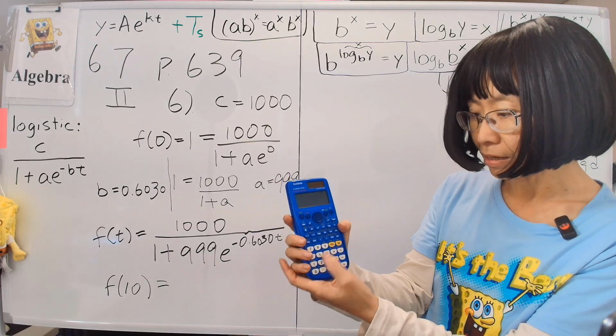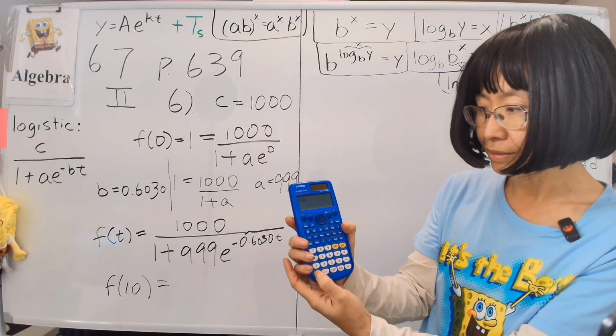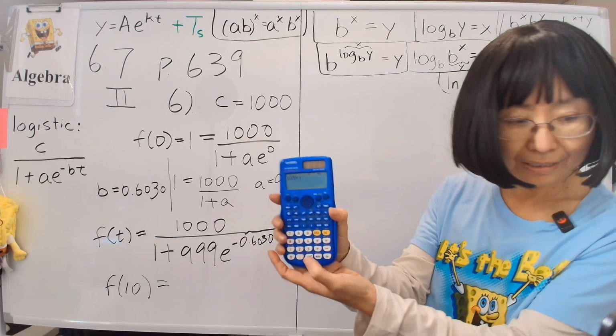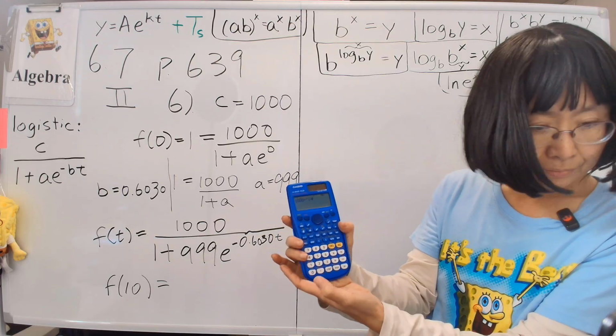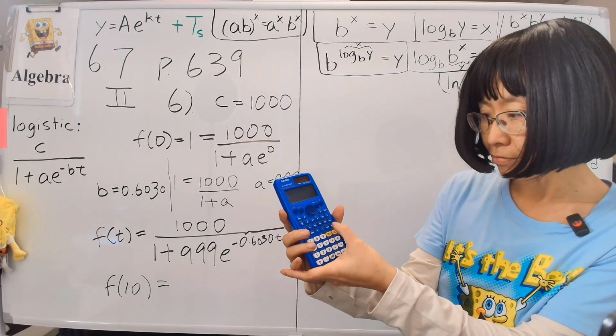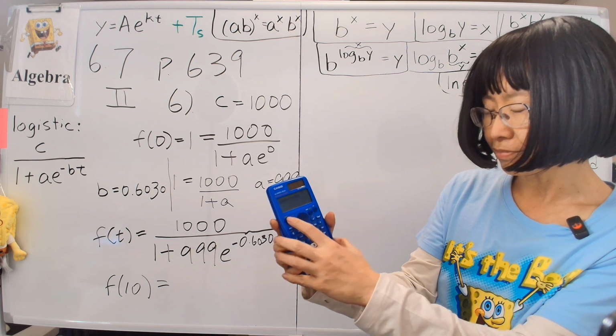Having said that, we'll have 1,000 divided by all that stuff, so parentheses, very important, divided by what? 1 plus 999 times e. Where's e? Oh yeah, e is a shift situation.